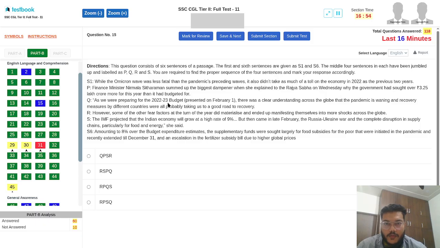As we were preparing for the budget, there was clear understanding across the globe that the pandemic is waning and recovery measures by different countries were all probably taking us to a good road to recovery. The IMF projected that the Indian economy will grow at a high rate of 9, but then came late February, the Russian war and the complete disruption in supply chain, particularly in food, and she said.